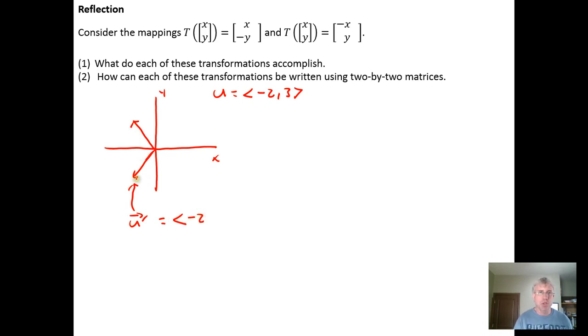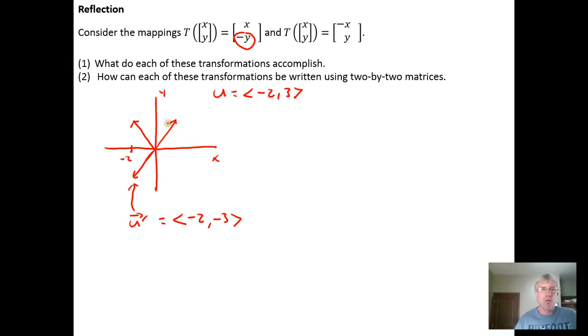If it's negative 2, we're still over at negative 2, but negating the y-coordinate. So when we see a transformation where the y-coordinate has been negated, that is simply an x-axis reflection.